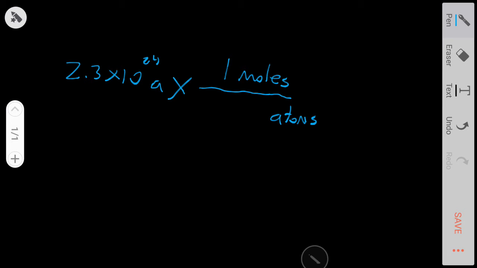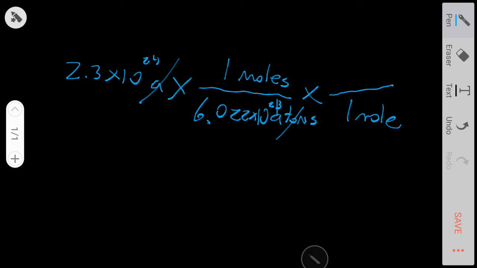In 1 mole of anything, there's 6.022 times 10 to the 23. I'll further multiply this. So here we get rid of atoms. I want to get rid of moles. So guess which one, top or bottom, moles is going to go on. Moles will go on bottom because it's on top here. I'll put 1 mole here.